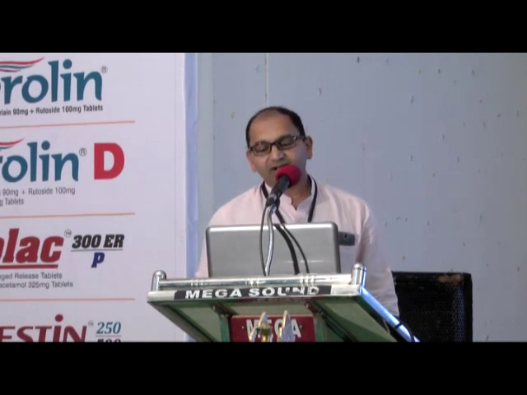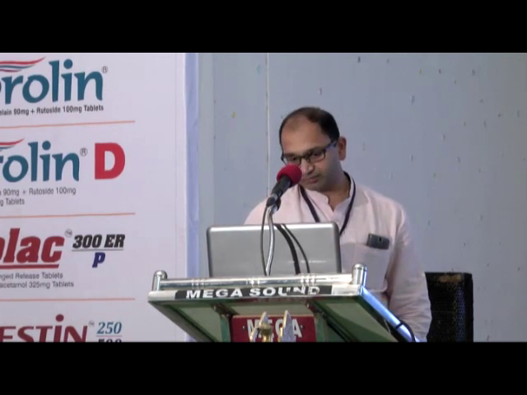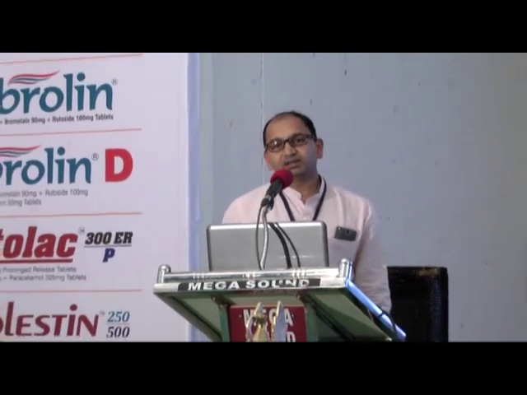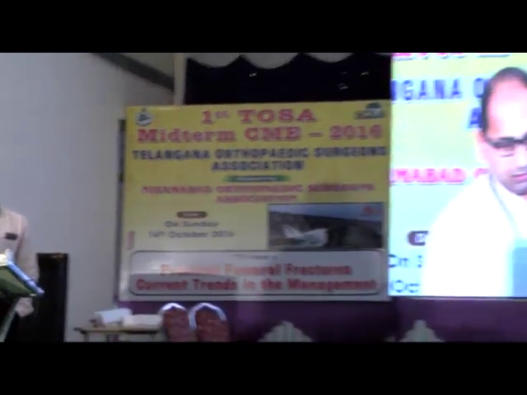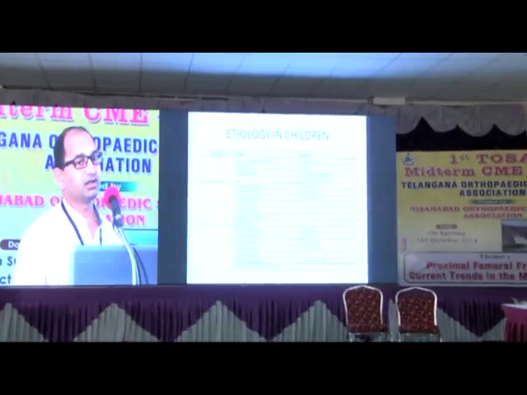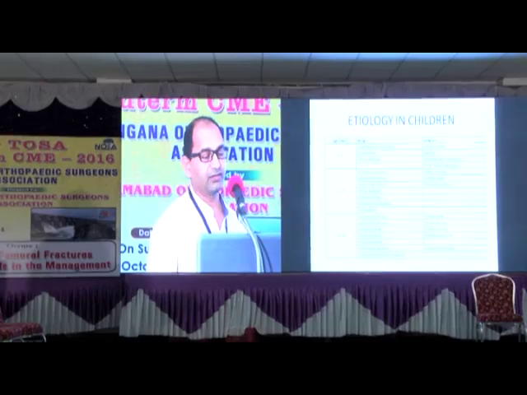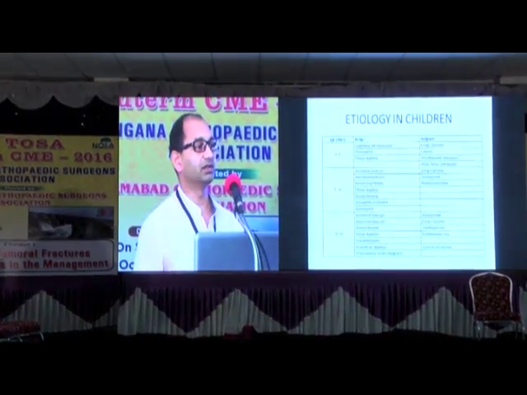You all know a pathological fracture is one that occurs through abnormal bone. You have bone that is not normal in biomechanical and viscoelastic properties. Etiology, big list. Especially in children, you could probably divide it 0 to 5, 5 to 10, and then 10 to 20 years age group.